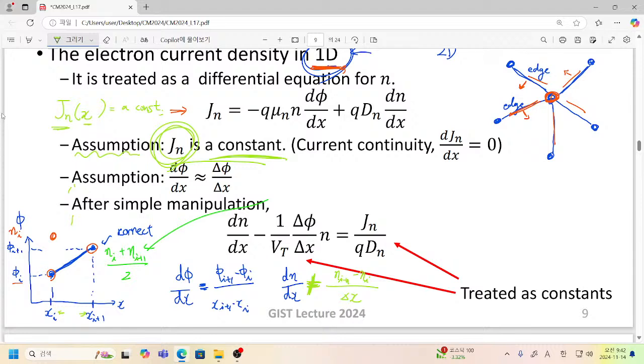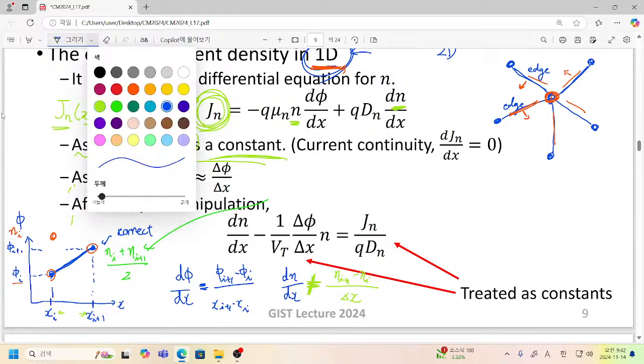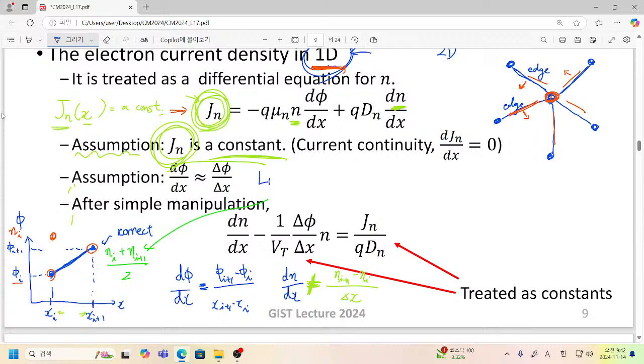So it means that in order to make this Jn, which can be position dependent, a constant, our electron density should dynamically change to match this condition. So that is the main point. Here we still have linear variation of electrostatic potential.